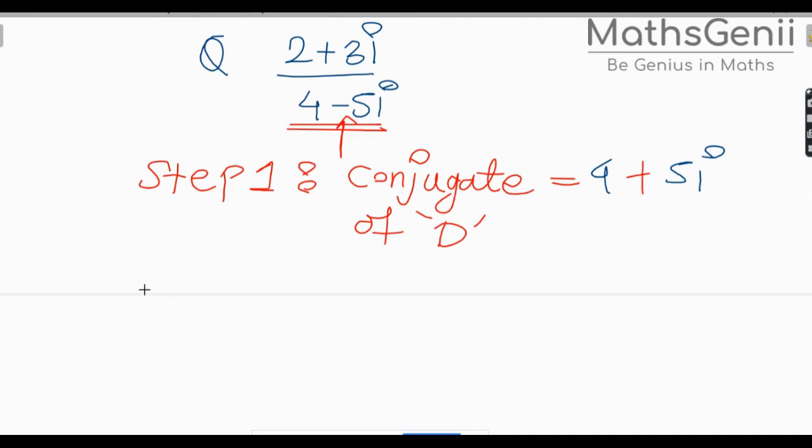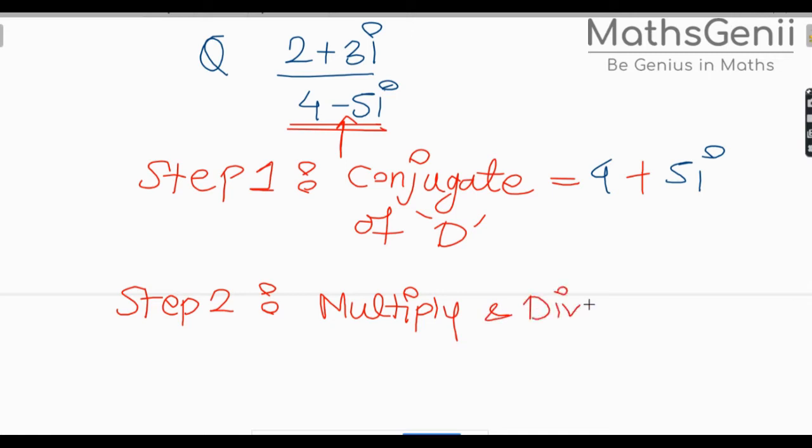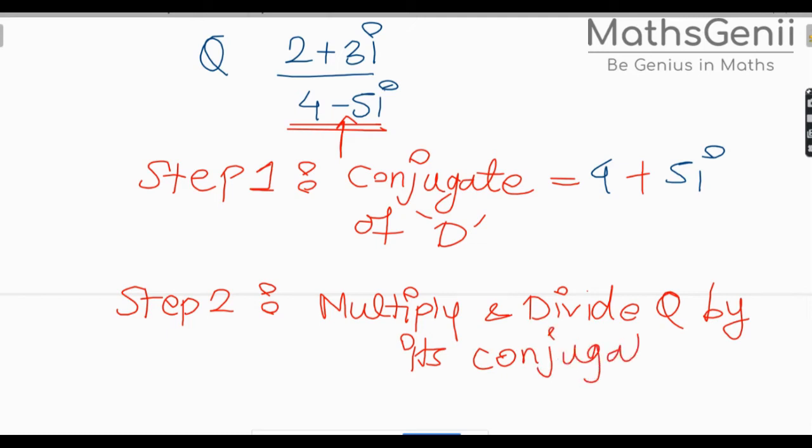Now what is your step 2? Step 2 is multiply and divide the question by its conjugate. Okay, this is your second step.